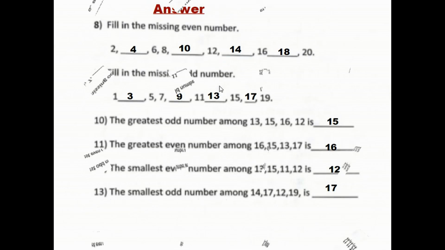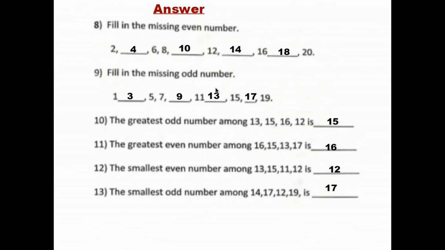All right. Now here are the answers. Let's see the first one. As I said before, the missing even numbers start with 2, next 4, 6, 8, 10, 12, 14, 16, 18, 20. So the numbers are increasing by 2.